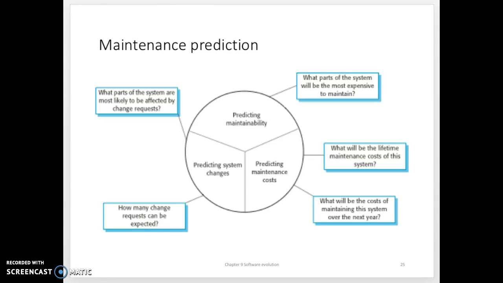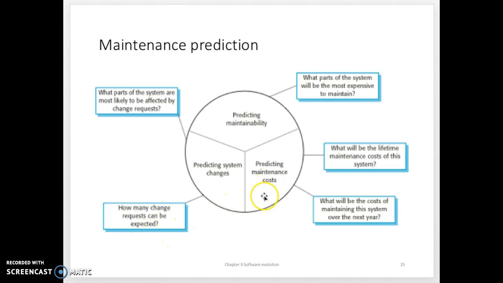This diagram illustrates the maintenance prediction. So you can see predicting maintainability is concerned with what parts of the system will be the most expensive to maintain. And we have predicting system changes: what parts of the system are most likely to be affected by change requests and how many change requests can be expected.